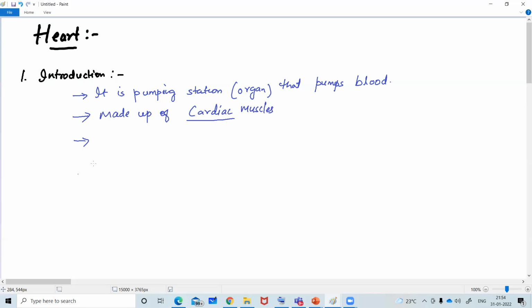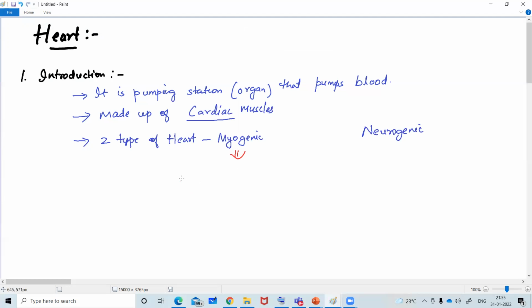We'll write here two types of heart. First is myogenic, and second is neurogenic, right? When we say myogenic, the idea is that the impulse for contraction and relaxation of cardiac muscles is generated by the special muscles.